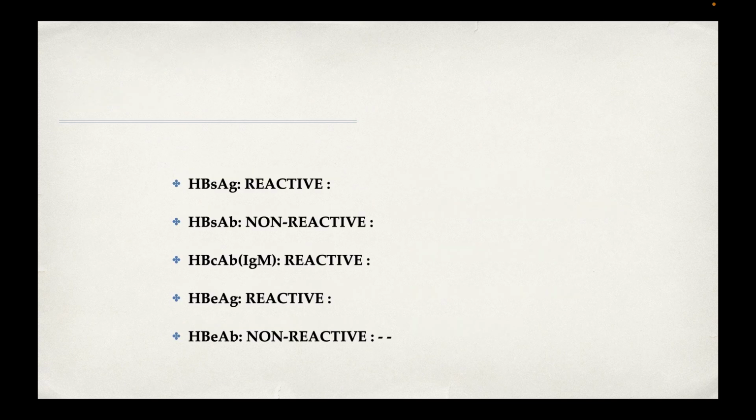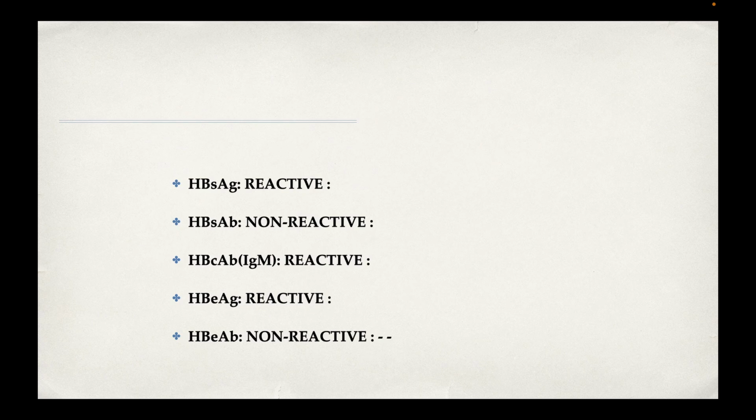Then we have another patient who presents with hepatitis B surface antigen reactive, hepatitis B surface antibody non-reactive or negative, but the patient is having hepatitis B core antibody to immunoglobulin M positive or reactive, as well as hepatitis B E antigen reactive. So what does this tell us?